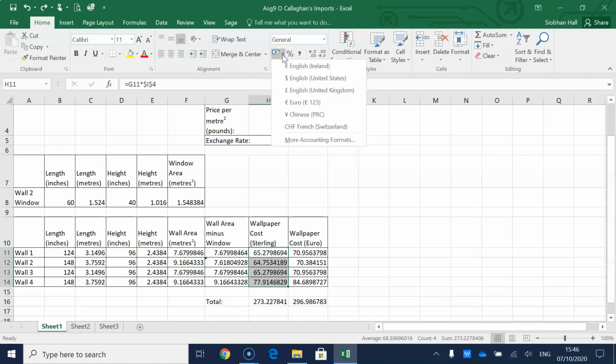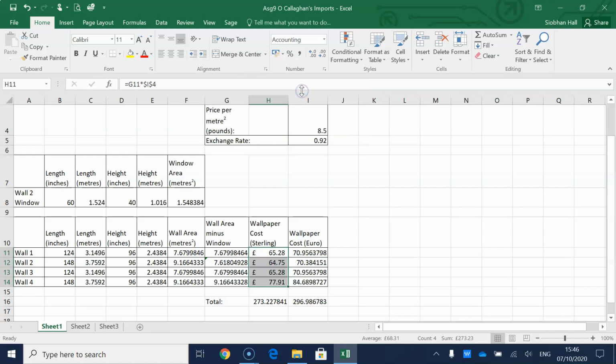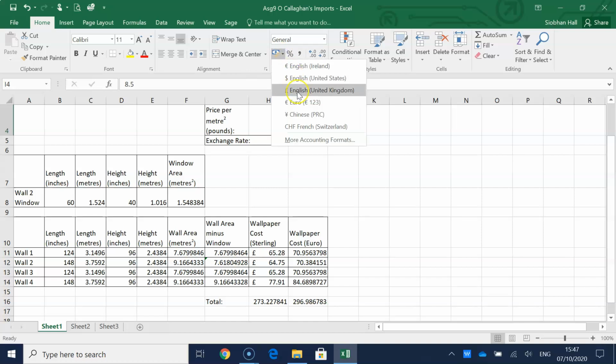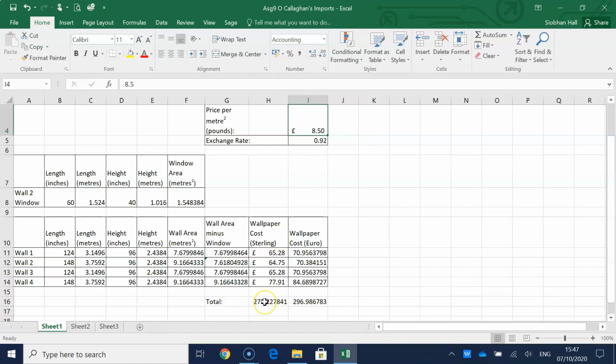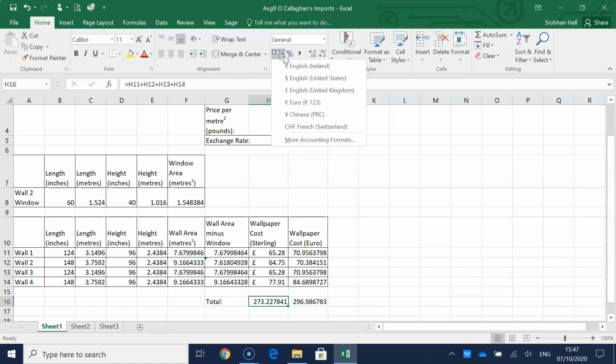I drop down the menu, and usually we just want Euro, English, Ireland, but now we want Pound, English, United Kingdom. And I do the exact same for price per metre squared in pounds. And I do the exact same for total for the sterling column.